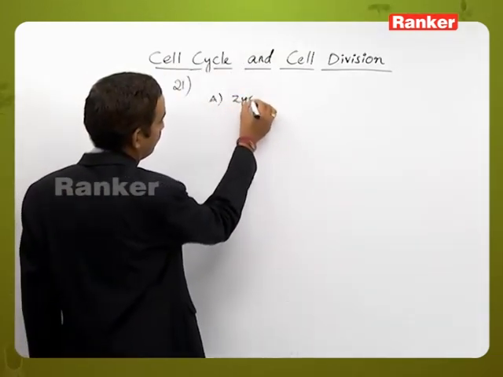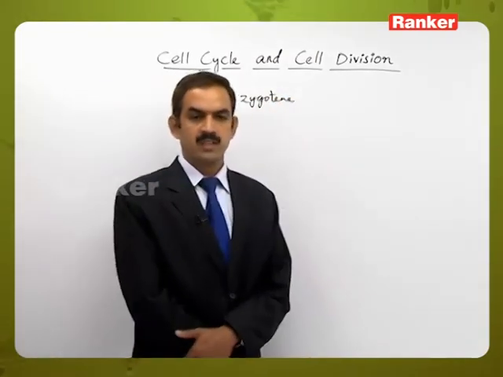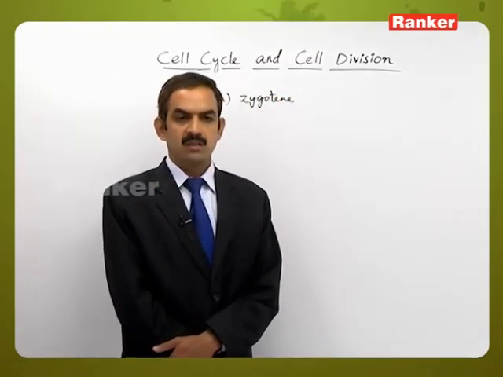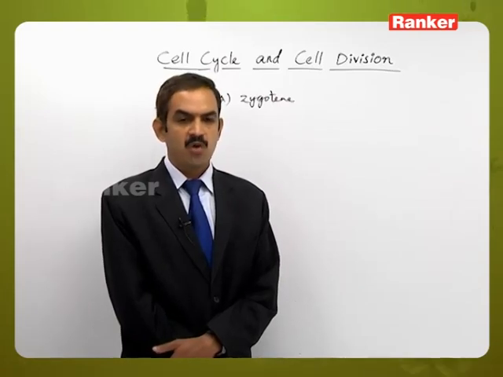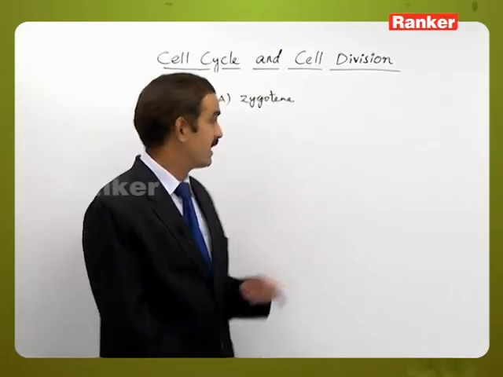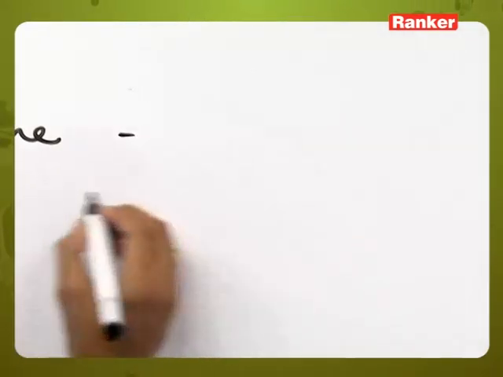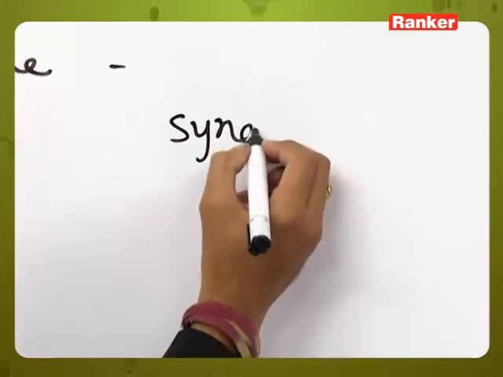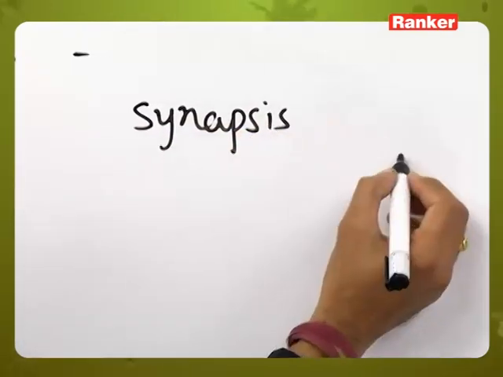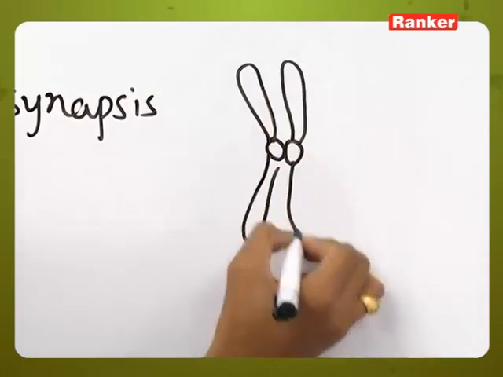First one, zygotene. Zygotene is a process where the bivalent formation can be seen. That is, synapsis will occur during this stage. Synapsis is a process where the two homologous chromosomes will pair with each other like this.